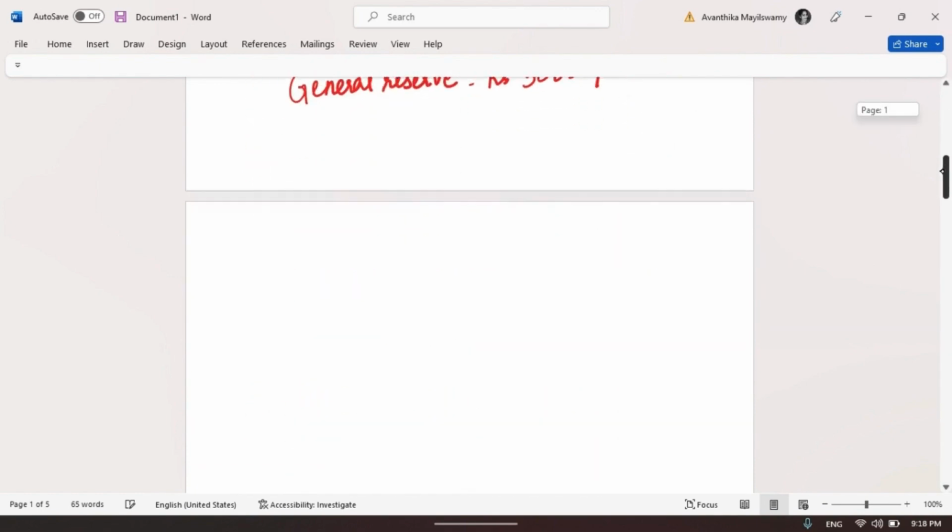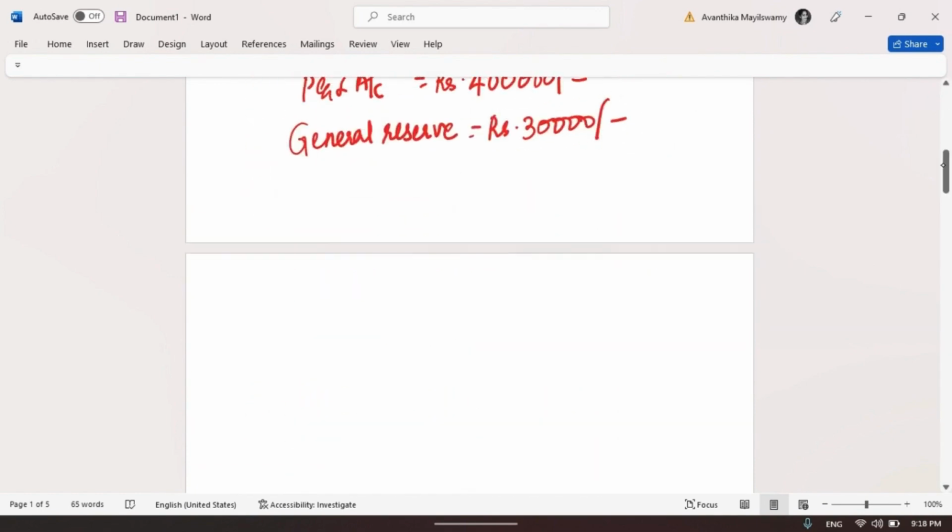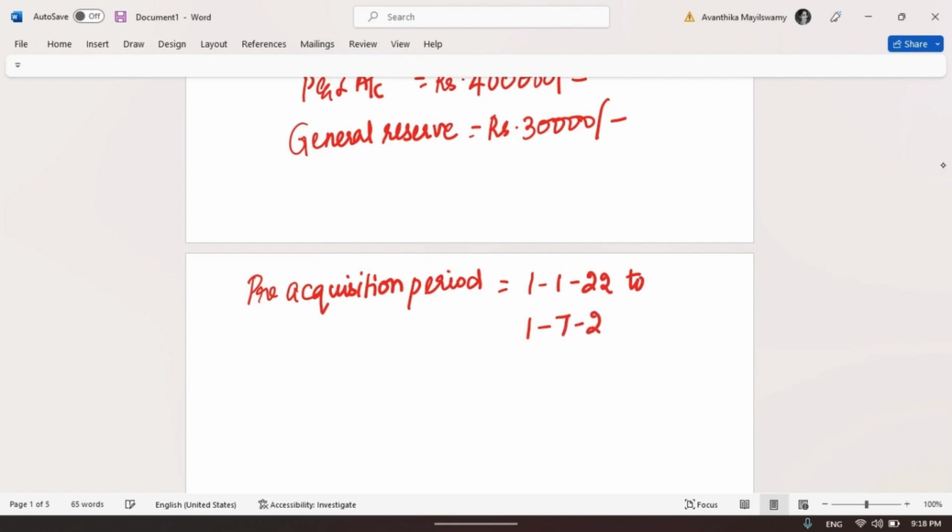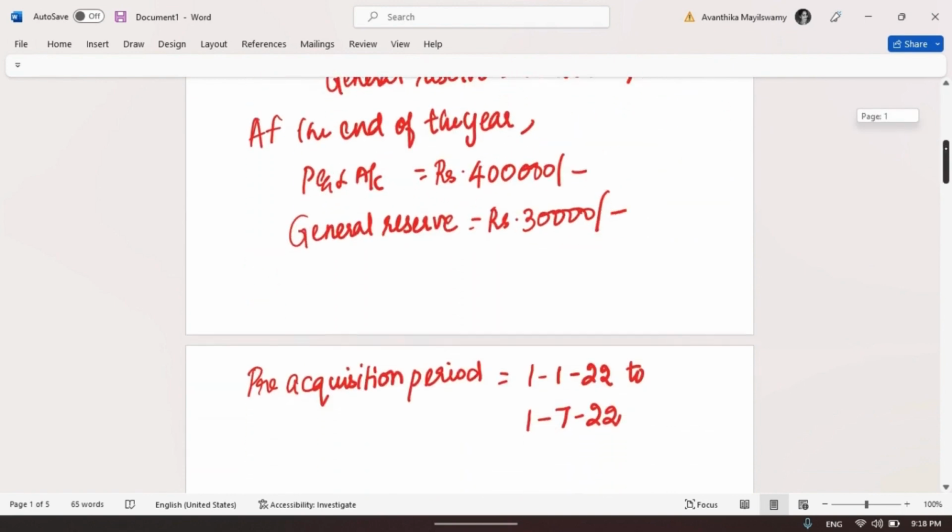So now along with this, we also know the pre-acquisition and post-acquisition period. The pre-acquisition period was from 1/1/2022 to 1/7/2022, or it could be said as 1/1/2022 to 30th June 2022.